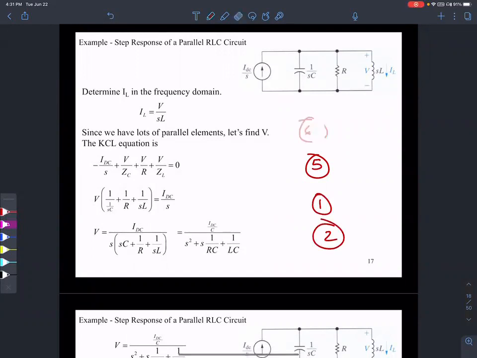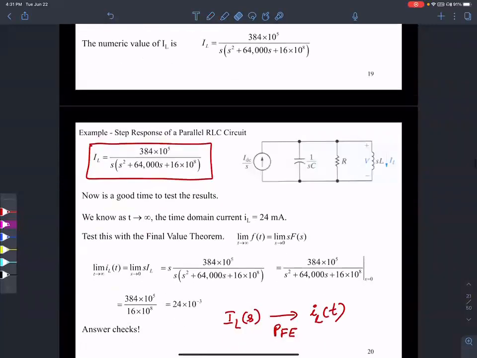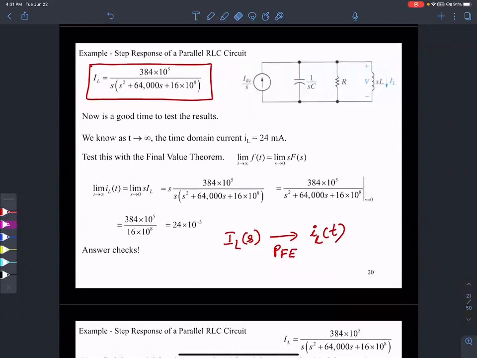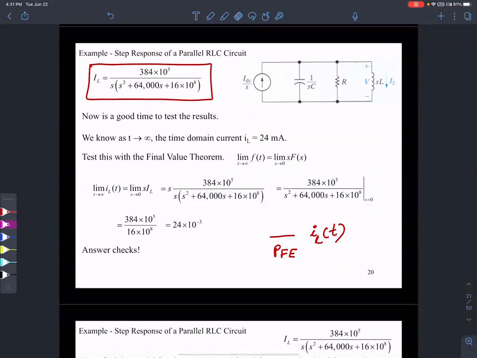So that's about 2/3 of your exam, just this one problem. There is the initial value, and then there's a final value theorem as well. So it's about 80% to 100% of your exam that is covered in just this one problem. I ask you to go through this carefully.